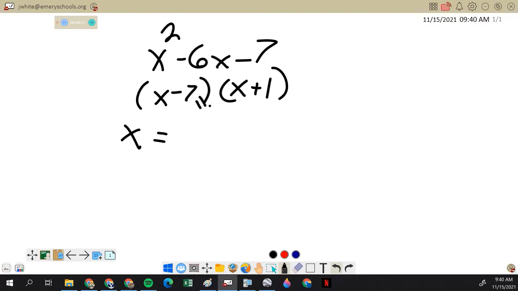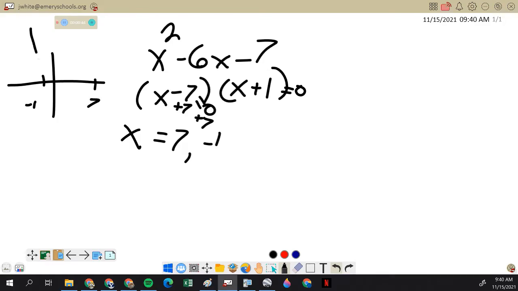Well, we set this one equal to 0 and add 7. And then we set this one equal to 0, which is going to give me, what is that? Negative 1. So this quadratic equation hits the x-axis at 7 and at negative 1. So it looks like that.